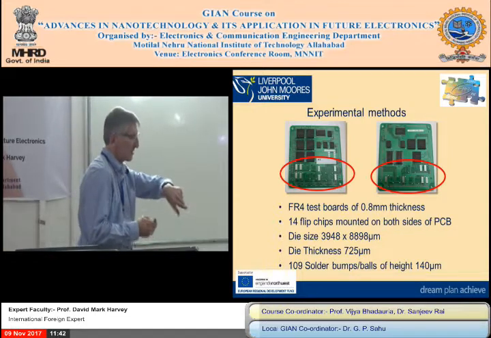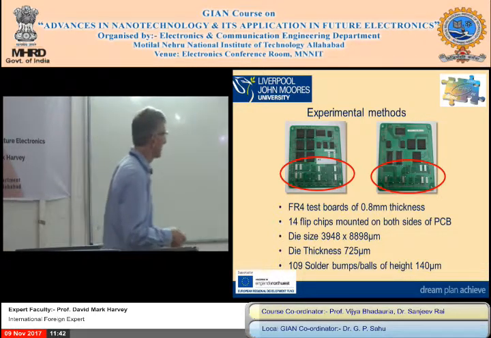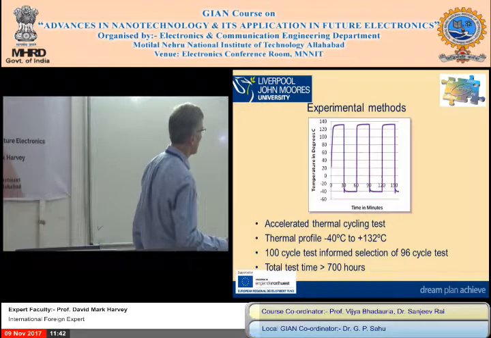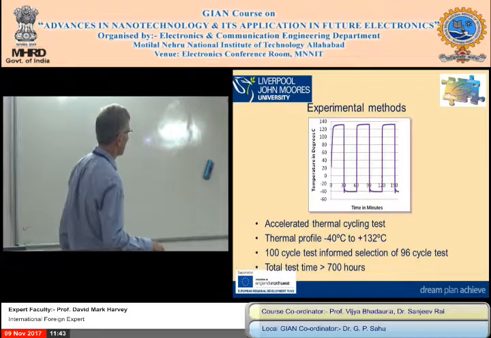So this is our experimental profile. We decided minus 40 to plus 132. For half an hour, this is in a chamber, we start from room temperature, take it up to 132 as quickly as we can, hold it there for 30 minutes, and ramp it down very quickly to minus 40.